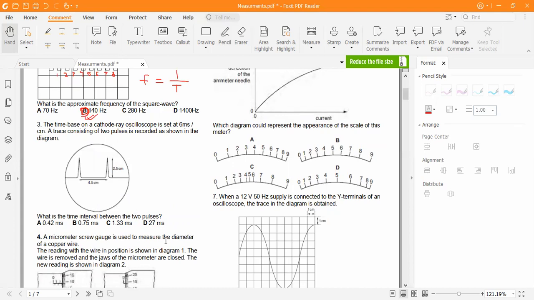And what's the time-base setting? Time-base setting 2.5? Time-base setting is 6. It is written on the top. 2.5 is not the time-base setting. Oh, I was looking at the circle. My bad.